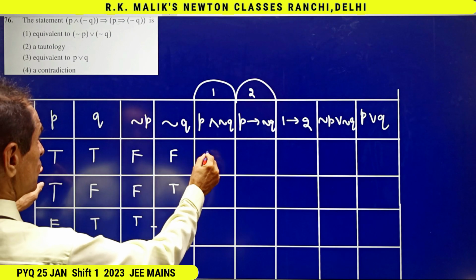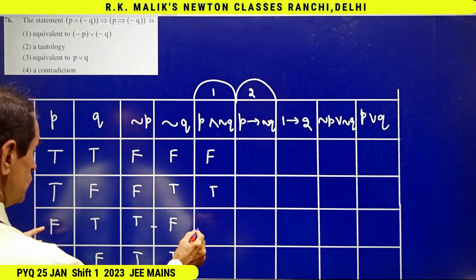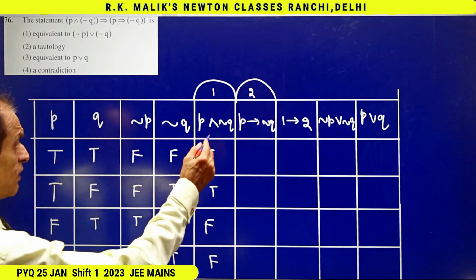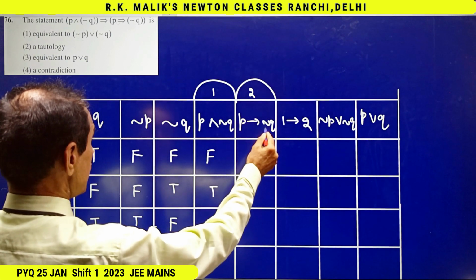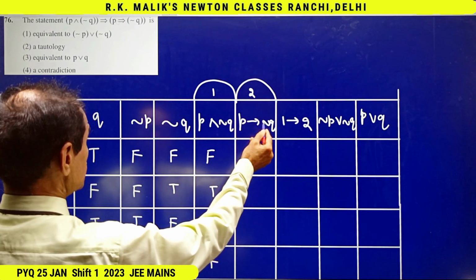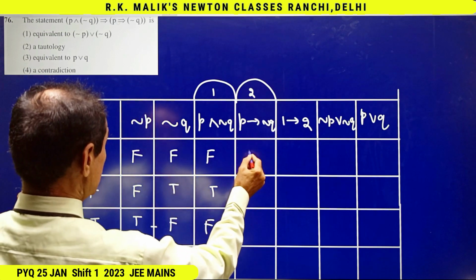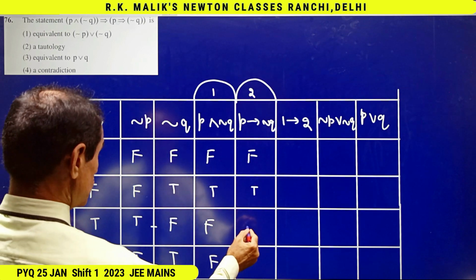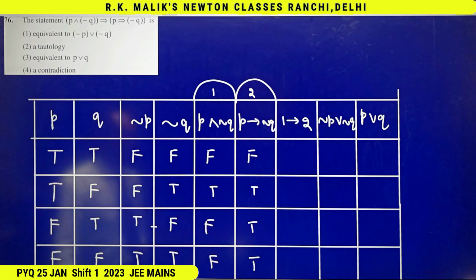It will be false, true, false, and false. P implies negation Q. This is false only if P is true and negation Q is false. In this case, obviously it will be false, true, true, and true.